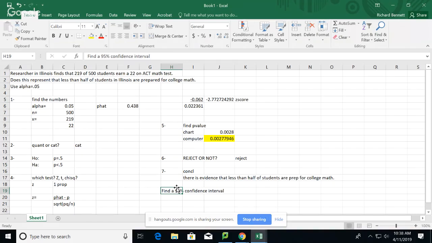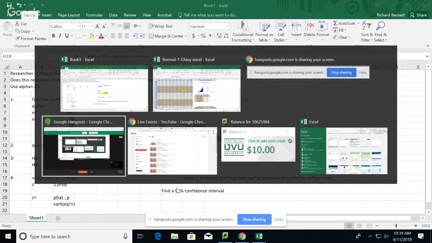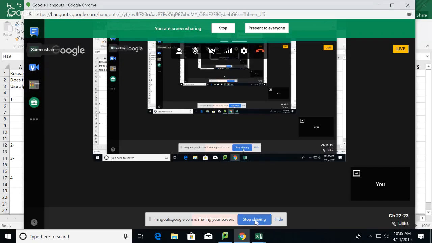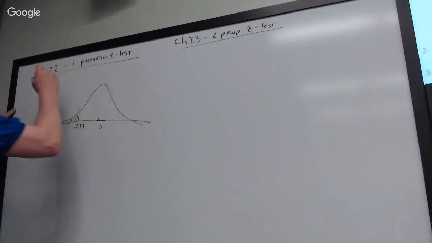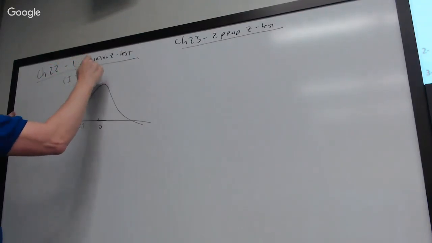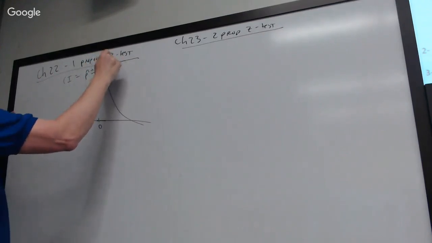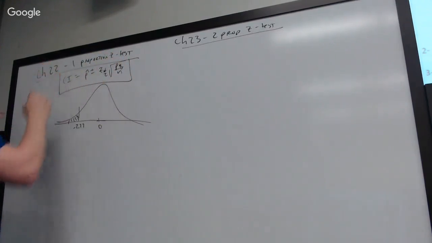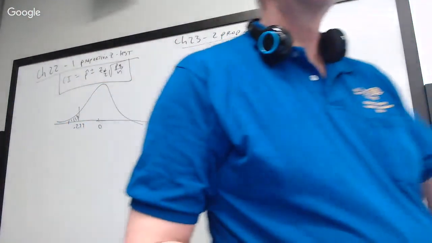All right, how would we find, do you guys know the formula for finding a one proportion confidence interval? I probably didn't put that on there. I'll write it on the board really quick. Your confidence interval equals P hat plus or minus z sub alpha over 2 times the square root of PQ divided by N. Yes, Brady.